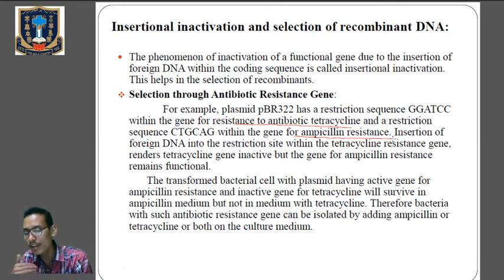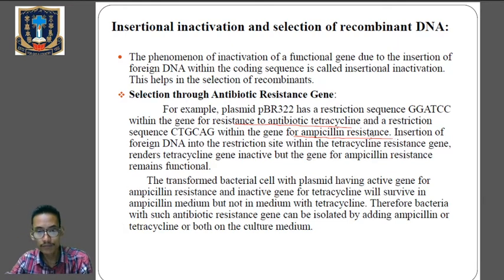Remember that we have inserted the foreign DNA into the region having the tetracycline resistant gene, so the gene for tetracycline resistance will become non-functional, whereas the gene for ampicillin resistance will be functional. So now that vector pBR322 can resist the antibiotic ampicillin, but it cannot resist the action of the antibiotic tetracycline.